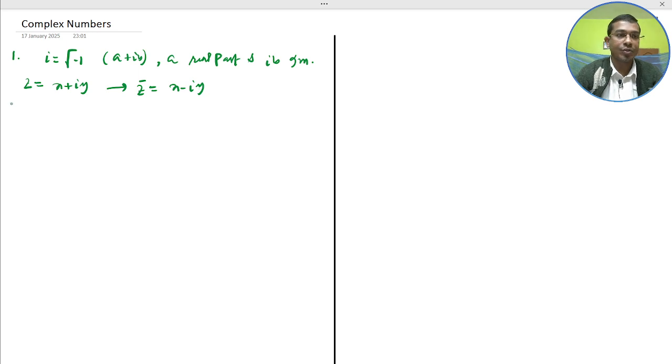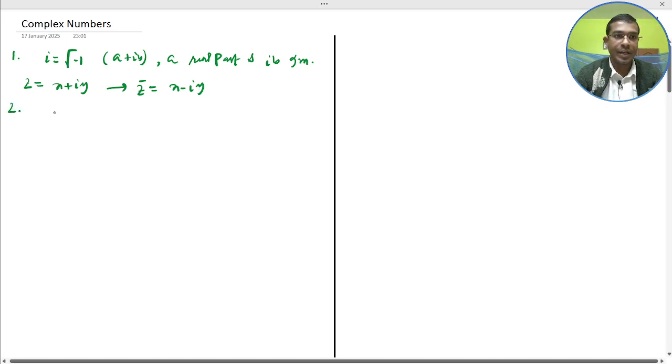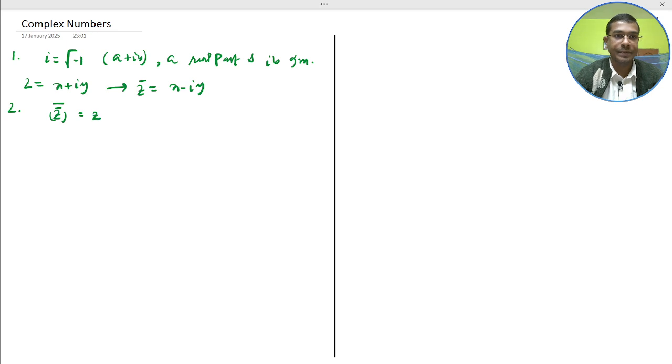Important results of the conjugate: z bar whole bar is equal to z; z + z bar is equal to 2x, the real part only; z - z bar is 2iy, the imaginary part only; and of course z times z bar is equal to x square + y square, which is purely real.